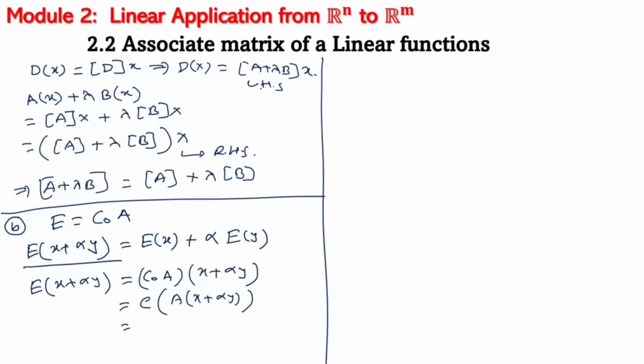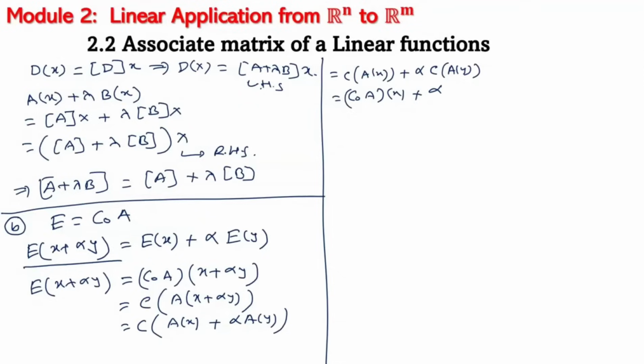Since A is linear, we get C of Ax plus alpha Ay. Together this gives C operating on Ax plus alpha C operating on Ay. So this is nothing but C composition A of x plus alpha C composition A of y.